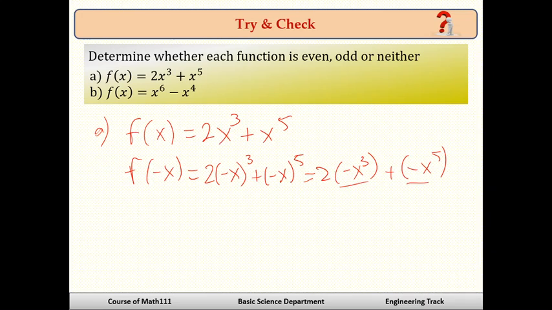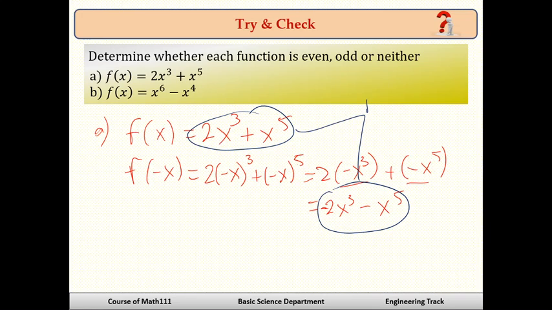You see that, right? This fifth power is minus and minus, so I got this one. You can write here minus 2x cubed minus x to the fifth. So are they same? As you see, they are not same. So you say f is not even.